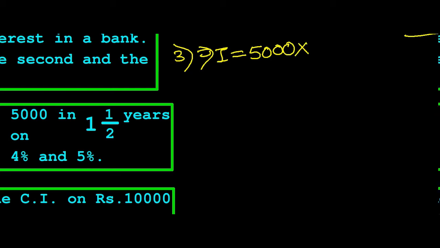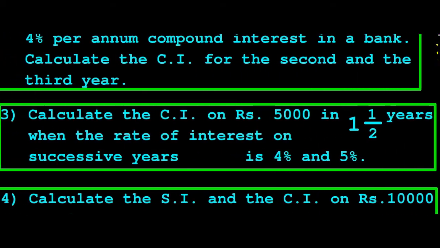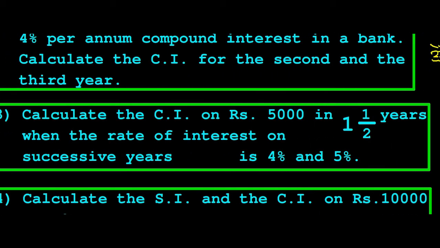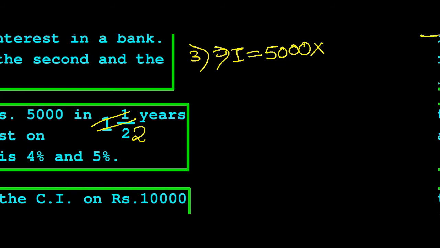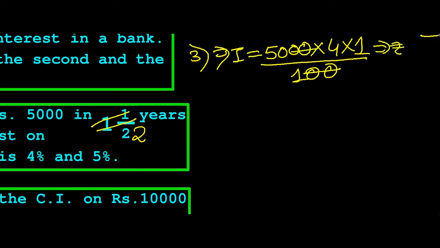Okay, the successive years means, actually it should be 2 years, because it is asking about successive years, that is 4% for the first year and 5% for the second year. 5,000 into 4%, we are calculating the first year now, into 1 by 100. Zeros are cut and we are getting interest as rupees 200. We will find the amount.